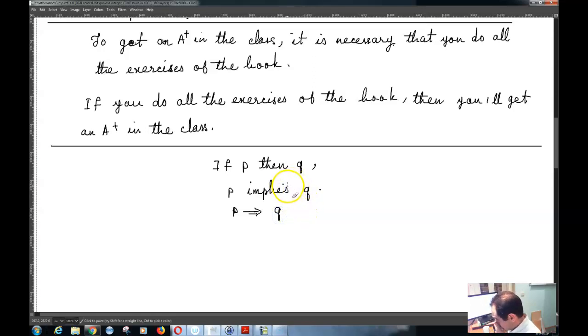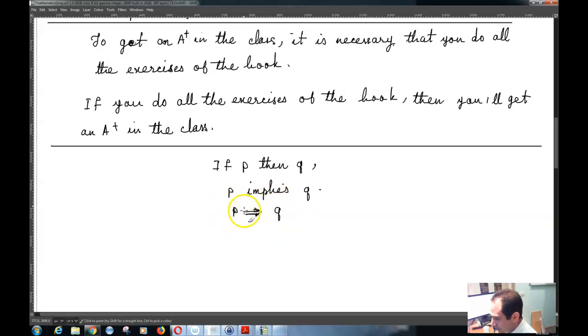Now what this means is that P is a sufficient condition for Q. Meaning that, for example, in the case of that example about a number that is a multiple of 9 and a number that is a multiple of 3, P was a number is a multiple of 9, and Q was a number is a multiple of 3.